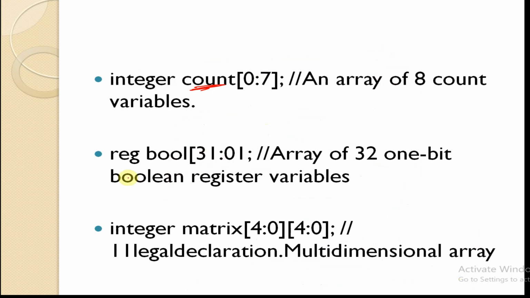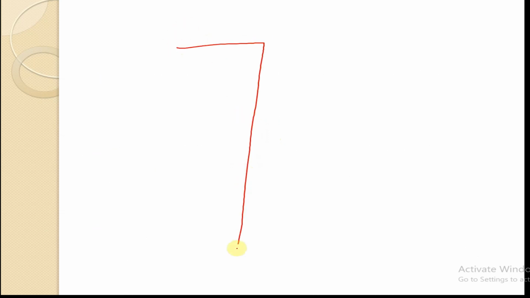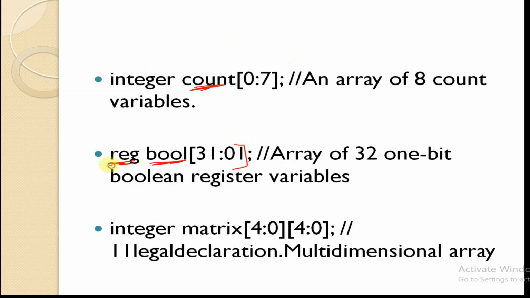Also we can declare of register type. reg is the data type, bool is the name of the array, and 31 down to 0. Pictorially, we have 32 locations, and each location is 1 bit, since we are using reg and we are not mentioning the width of a location.